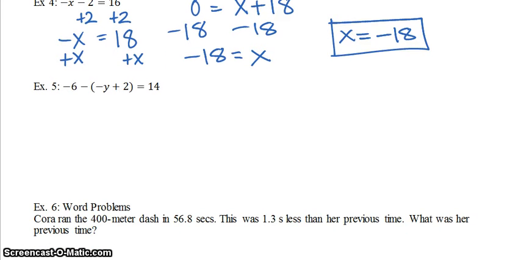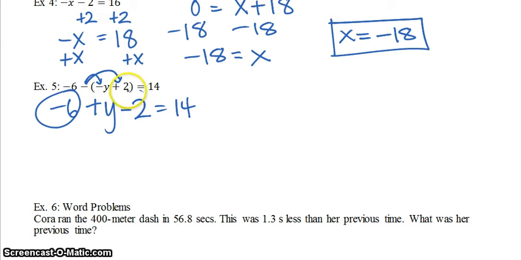Oh, now for number 5, example 5. So we need to distribute this negative because I can't combine inside here, so I need to distribute the negative first. So I have negative 6, a negative y, which would be plus y, a negative times 2 would be negative 2 equals 14. I'm going to combine like terms so I don't have to move around so many things.